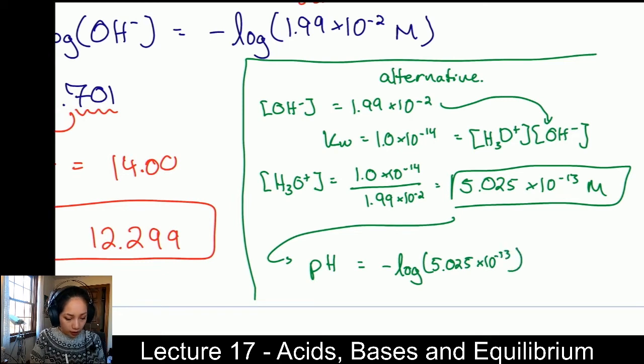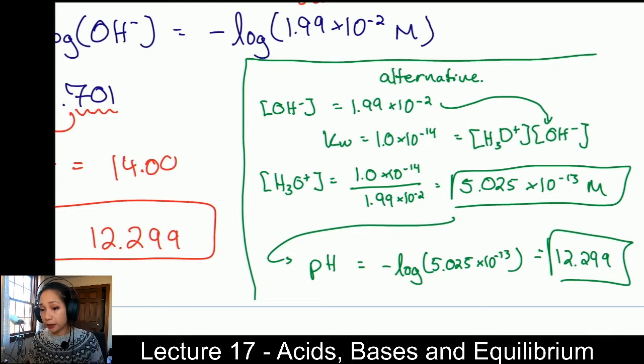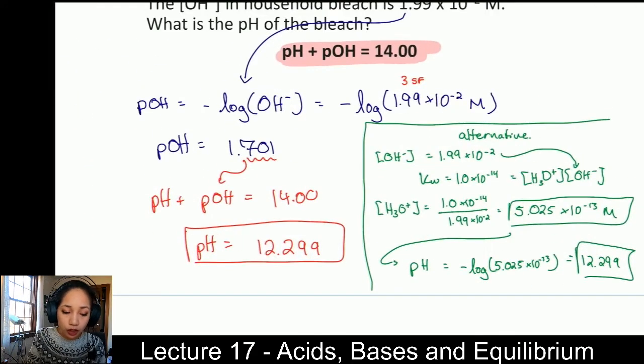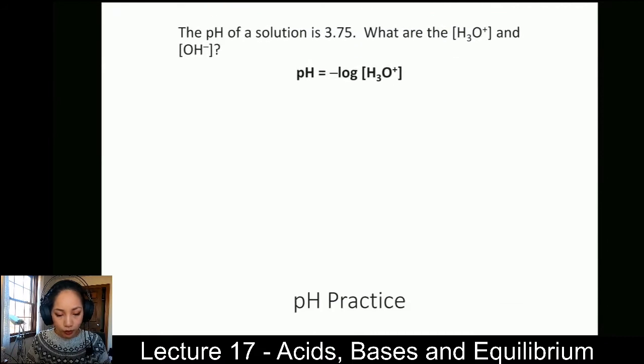So negative log of that number gives you 12.299. See? It's the same number. All right, so that's another way you can do it. Or you can just calculate pOH and then plug it into this equation to calculate the other one. So there's lots of different ways you can do it.